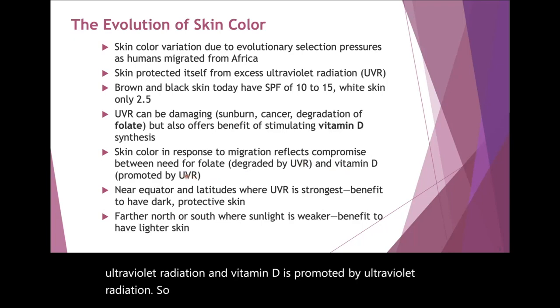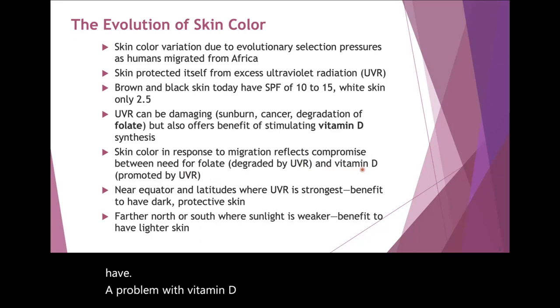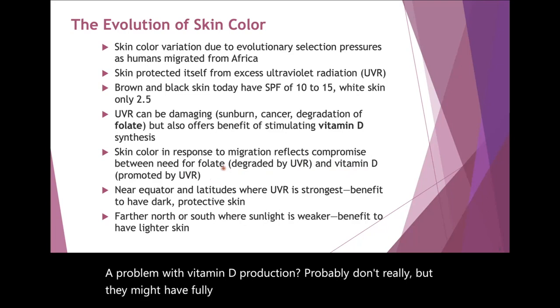So those in areas of high ultraviolet radiation might not have a problem with vitamin D production. Probably don't really, but they might have folate deficiencies, okay, and vice versa.